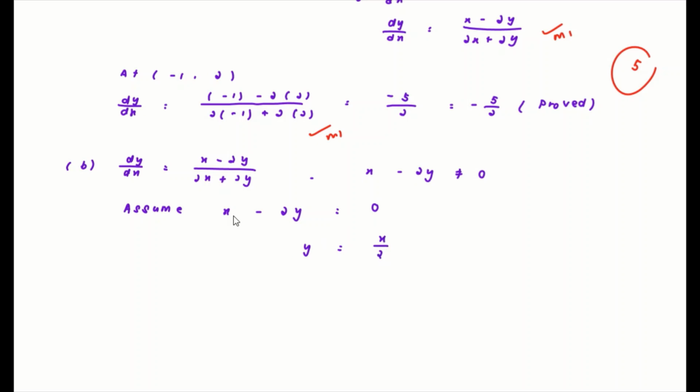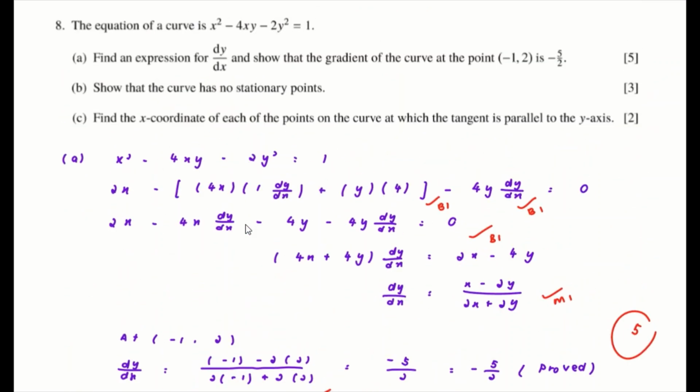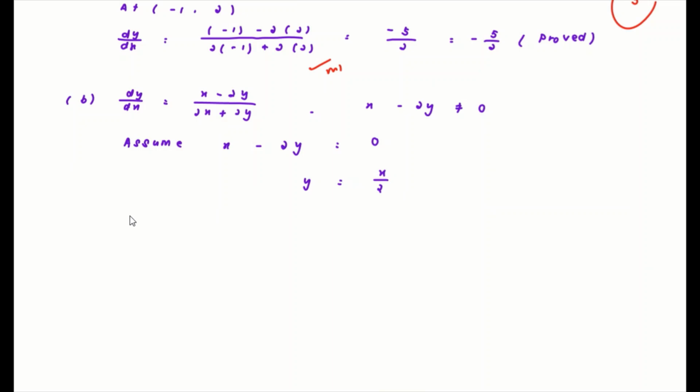Okay, so you move here, then move back the 2. So y equals to x over 2. So substitute back into the equation. So we have x squared minus 4x, the y here is x over 2, minus 2y here is x over 2 squared equals to 1.